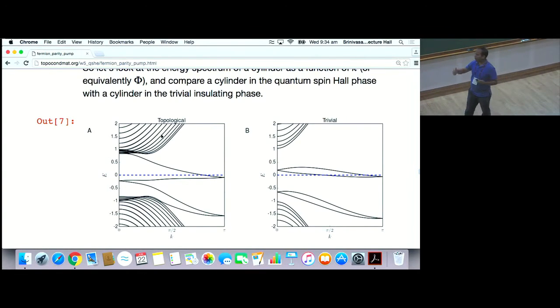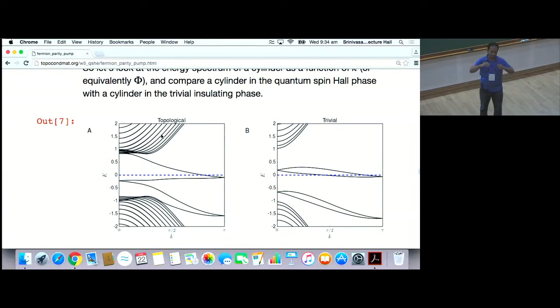But there's something weird about when you get to pi flux. There's a weird thing about one extra electron, and this is that. That's saying that you have one extra electron on the edge, but then its Kramers pair is still empty. So you get a Kramers degeneracy at the edge.